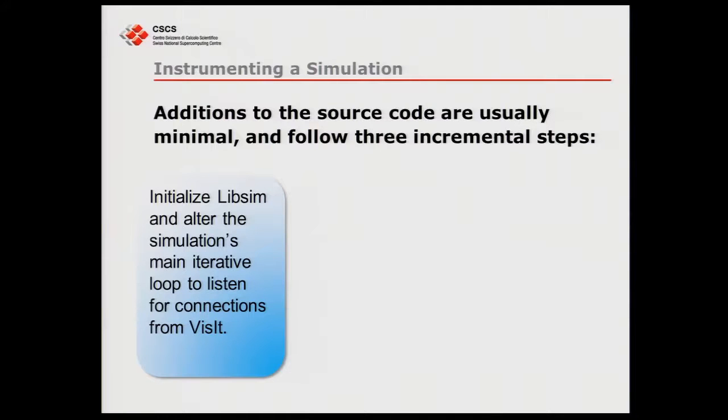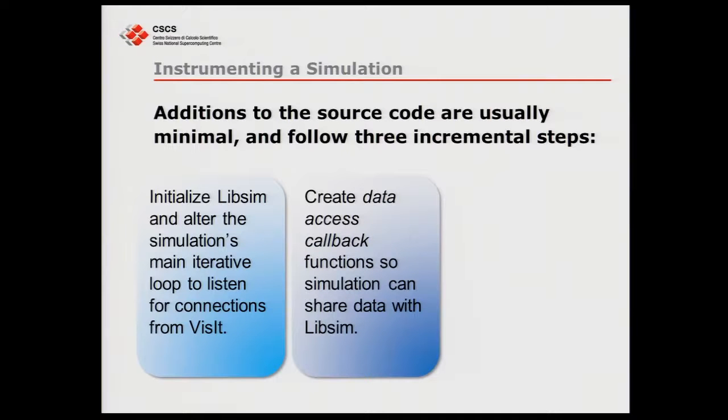Because we need a point where the simulation returns frequently so that we can check this feedback with VisIt. We create the data access callback function. This can be done, by the way, in Fortran, in C, and in Python. The example I'm presenting here is on the web for everyone to try in those 3 languages.